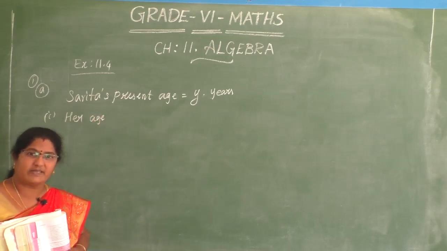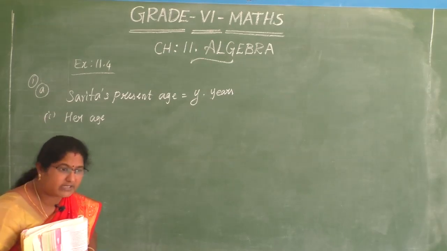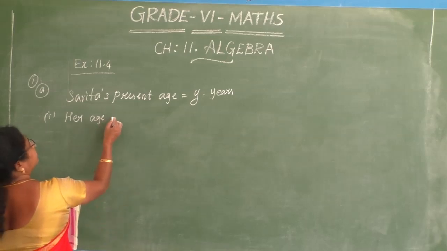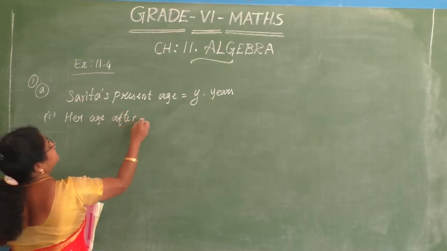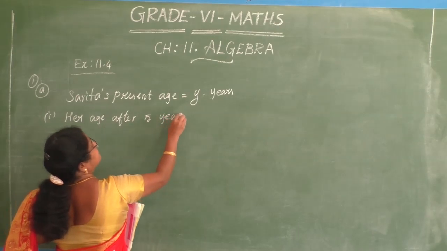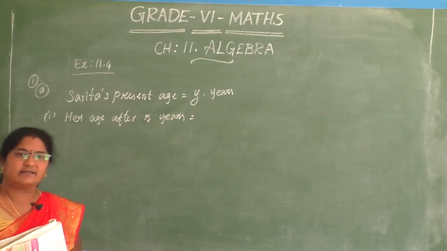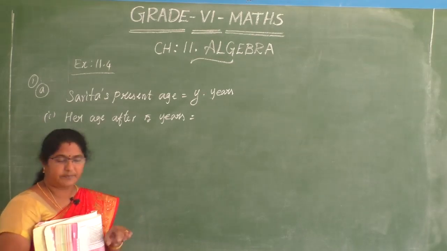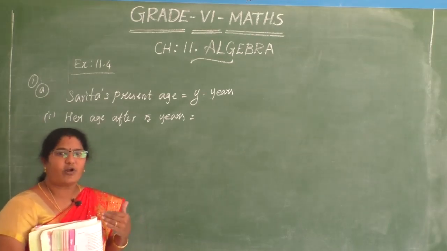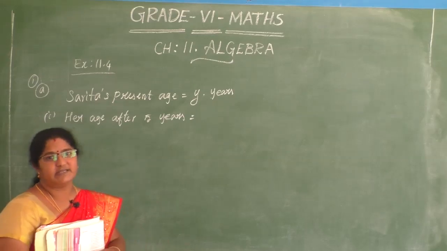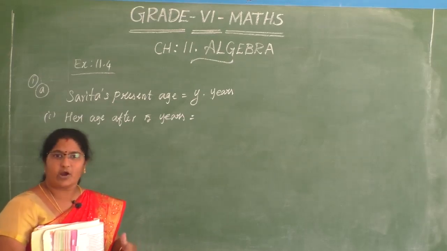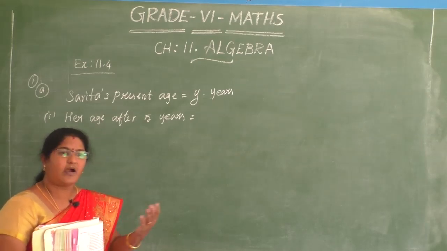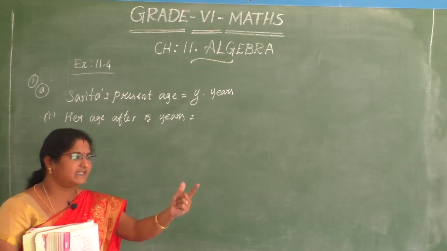That means after 5 years, her age after 5 years. How do we get it? Suppose at present my age is 3 years. What will my age be after 5 years from now? That means now 3, after 3, 4, 5, 6, 7, 8.